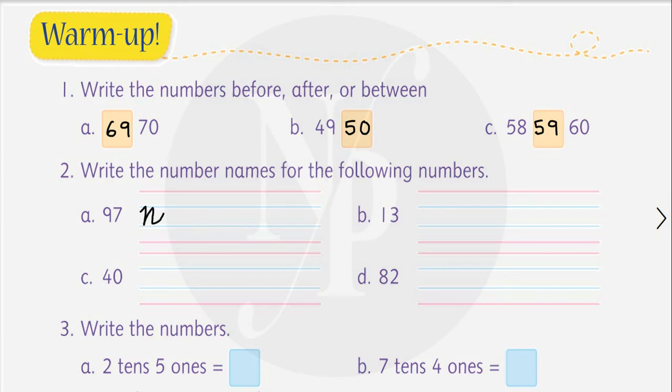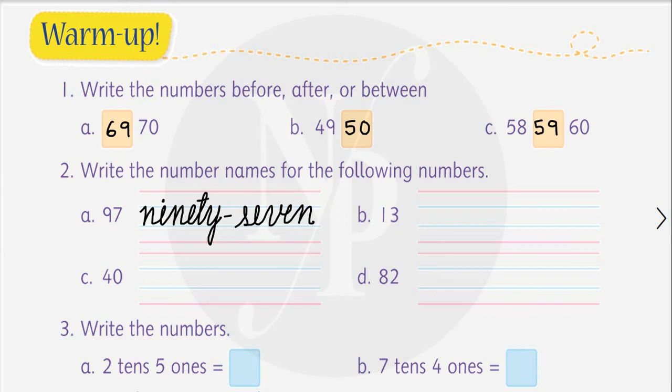N-I-N-E-T-Y, 90, put a hyphen and write 7, S-E-V-E-N. 97.